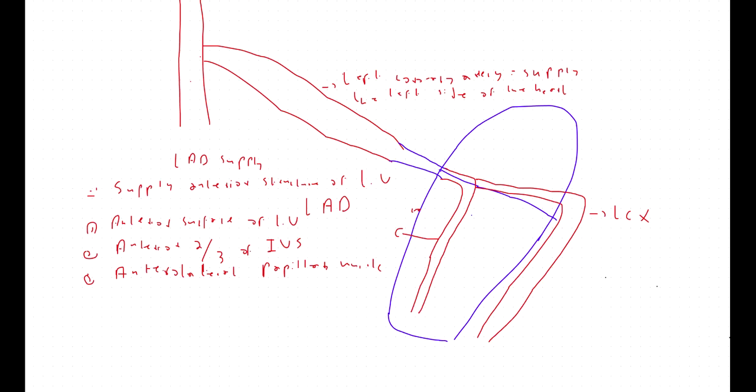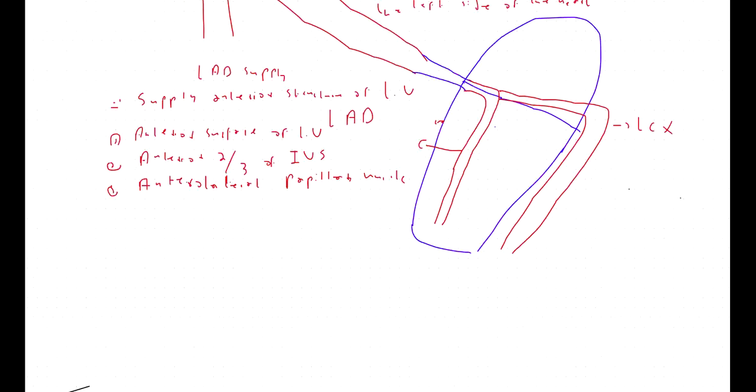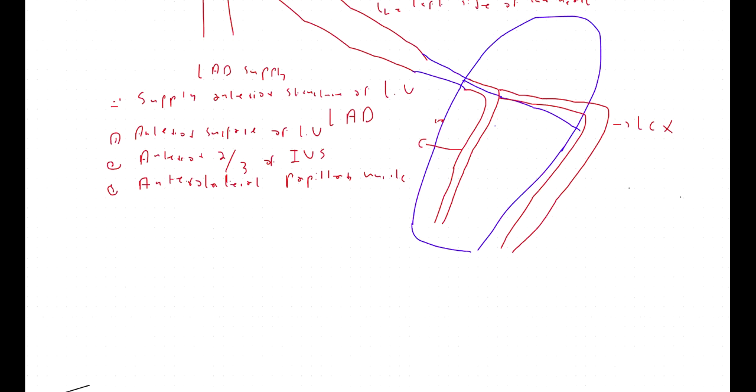Now let's discuss the posterior surface. The anterior supply has been covered. Now we are going to discuss the posterior surface of the left ventricle.